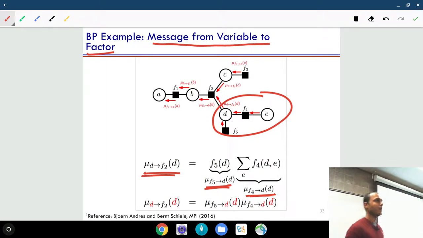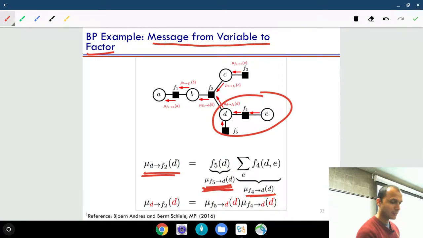F2 is the factor it wants to send a message to, and it has two other factors, F5 and F4, which are also connected to D. It's going to get two messages from F5 and F4, multiply them, and that's it. That's the message that will be passed to the factor of interest.